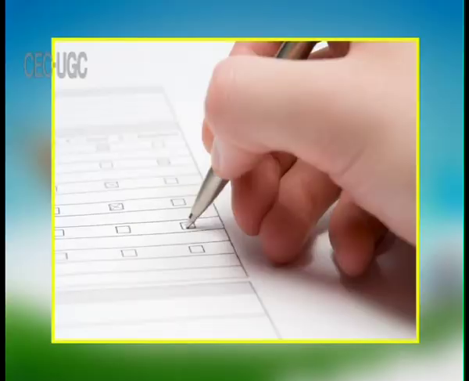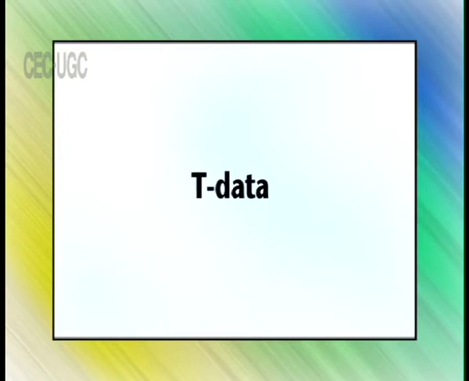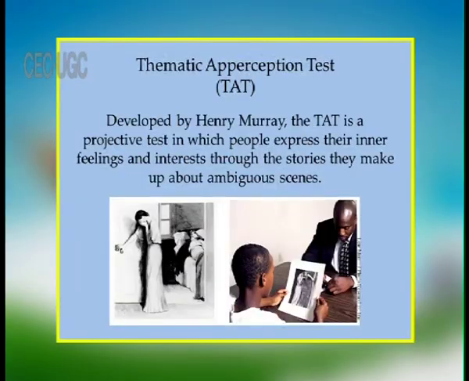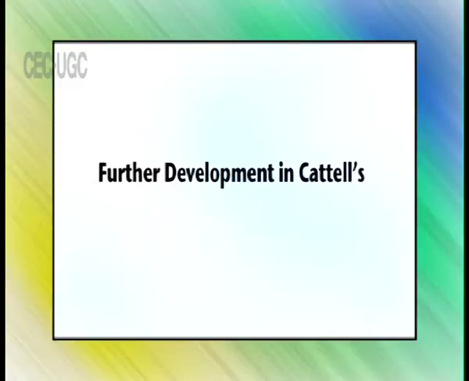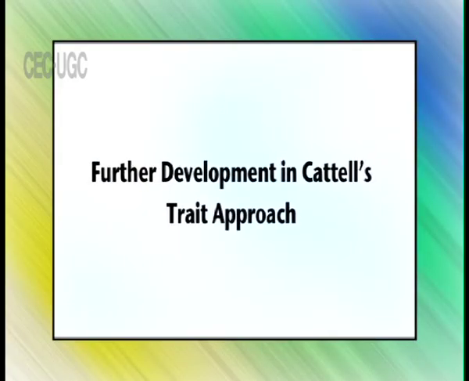This pertains to the data obtained by questionnaire, for example, asking people to rate themselves on different characteristics. And the third, T data, which is all about objective psychometric test data, for example, the Thematic Apperception Test.